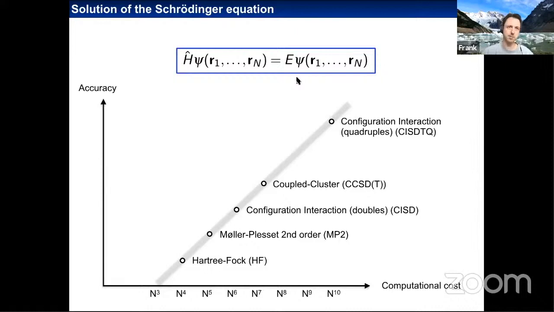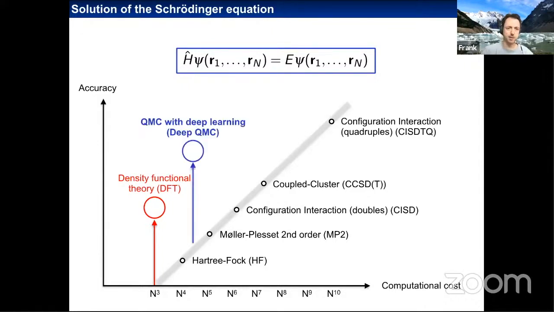And then there are outliers here. So for example, density functional theory is one such outlier, which is a fairly cheap method, but it can be extremely accurate when used well. And because of that, DFT is essentially the most widely used method in quantum chemistry.